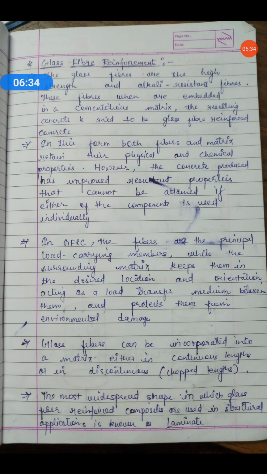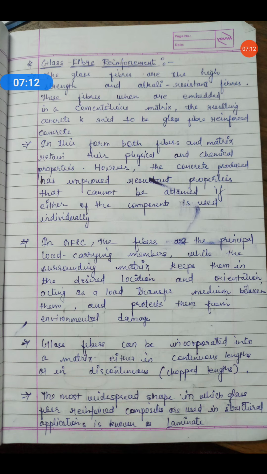Because they possess many properties that we are looking for, high strength and alkali resistance, as we have to maintain the pH value. So when these fibers are embedded in a cementitious matrix, meaning when you add glass fibers to the cementitious matrix, the resulting concrete is said to be glass fiber reinforced concrete.